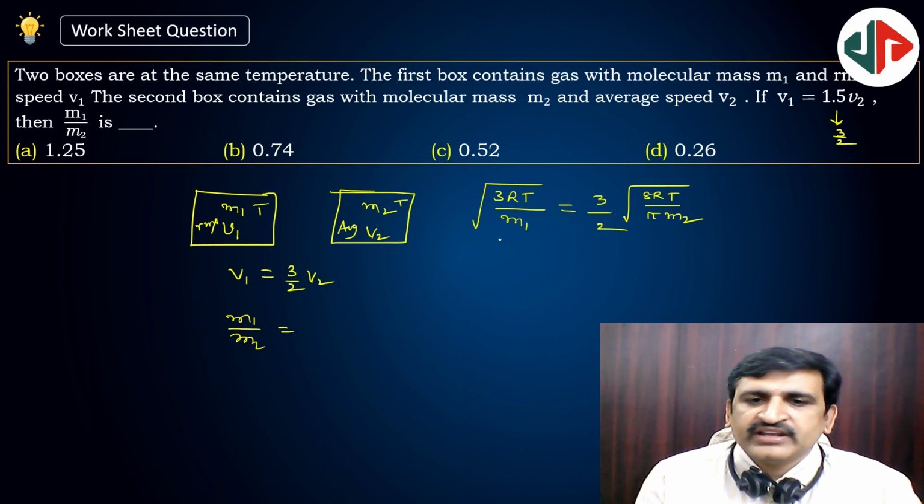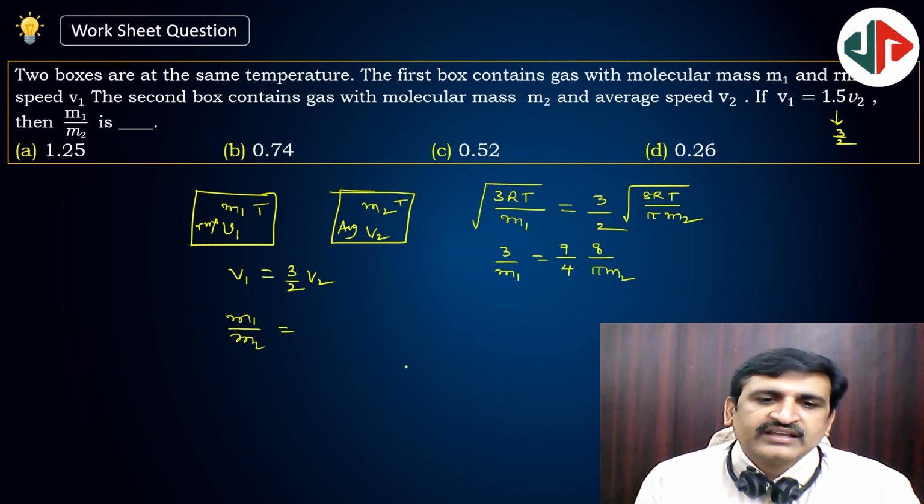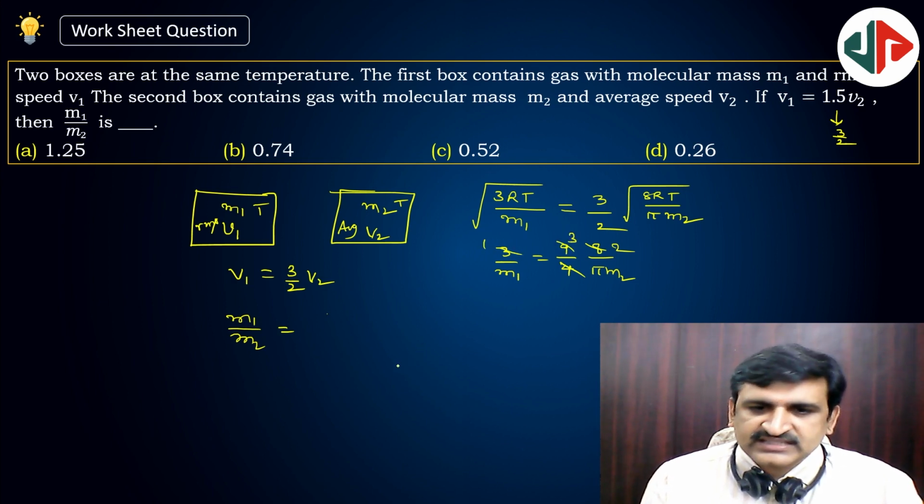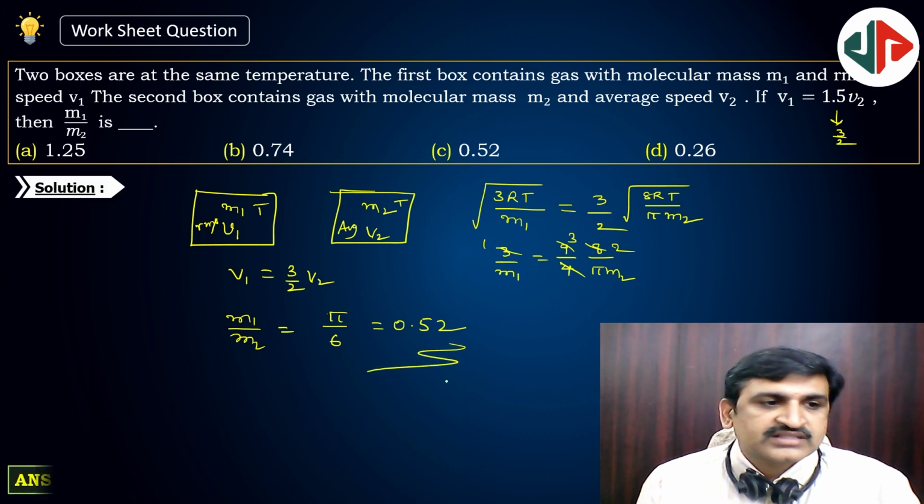So on squaring both sides, RT will go, this is just 3 by M1 and this is equal to 9 by 4 times 8 by pi M2. What he wants is M1 by M2. 4 will go 2 times, and 3 will go 3 times, so this is 3 to the 6, right? So M1 by M2 is equal to pi by 6, 3.14 by 6, that is almost 0.52. So it will be option C.